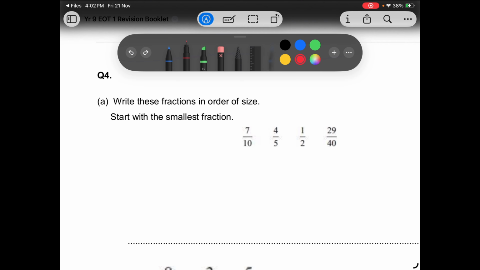First of all I will factor each of them, and you do know, guys, that 10 is 2 to the power 1 times 5 to the power 1, and 5 is already 5 to the power 1, and 2 is 2 to the power 1, and 40 is 2 times 2 times 2 times 5, which is 2 to the power of 3 times 5 to the power of 1.